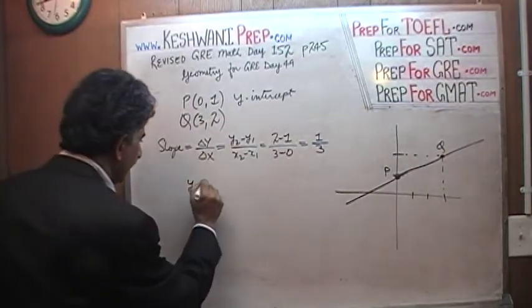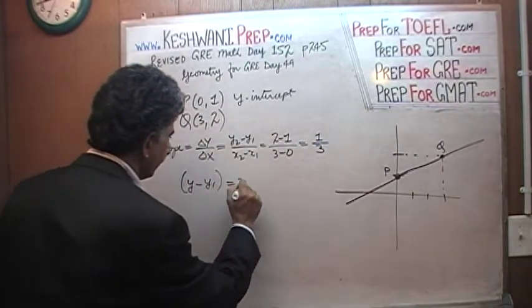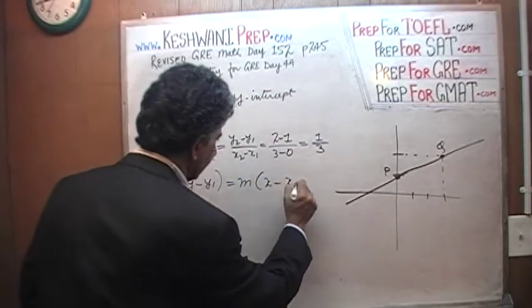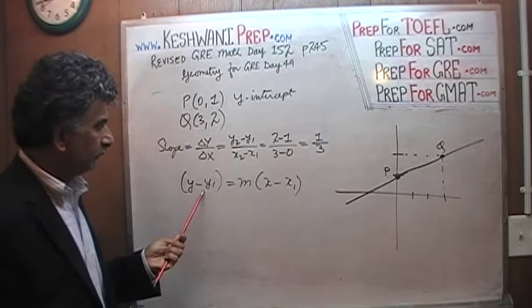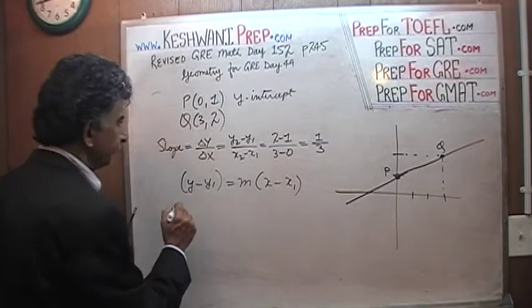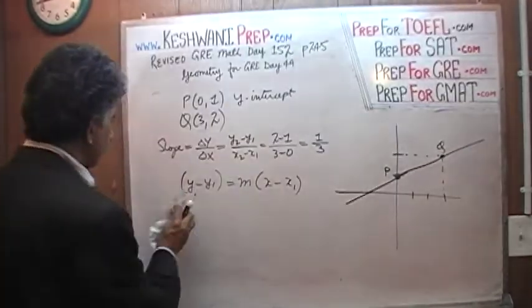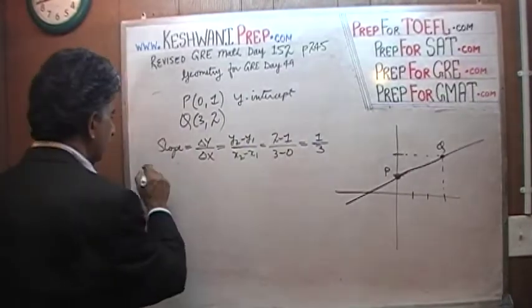So here we have it, y minus y1 equals m times x minus x1. This is the point-slope form of the line. I shouldn't try to go too fast, there is no point to it, we are not in a hurry.